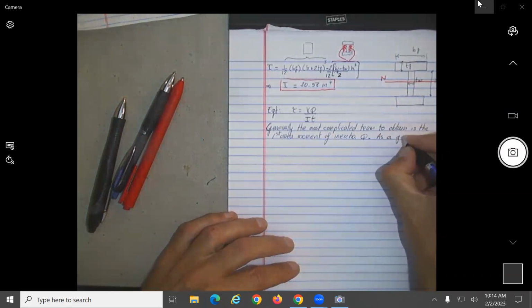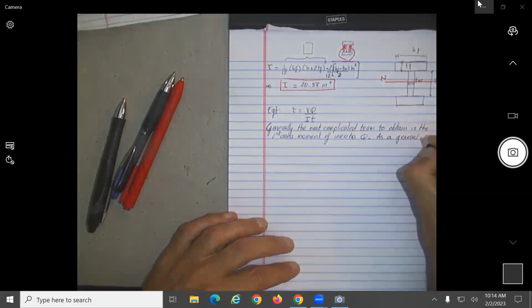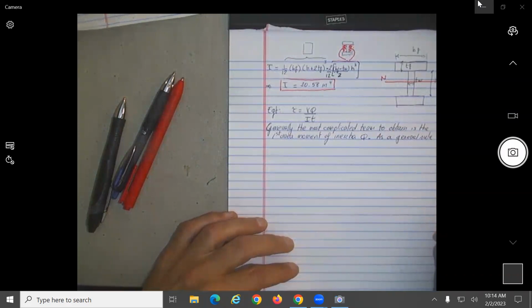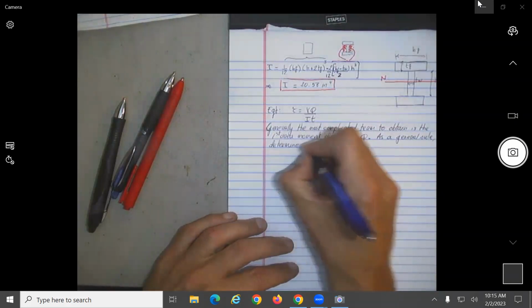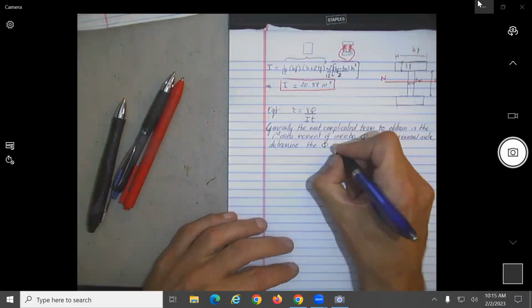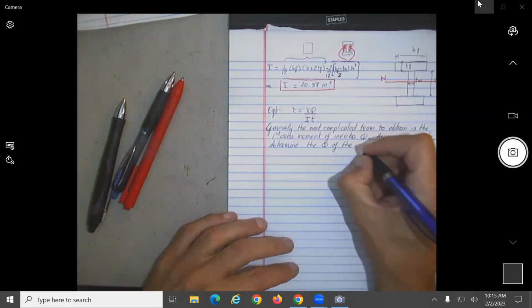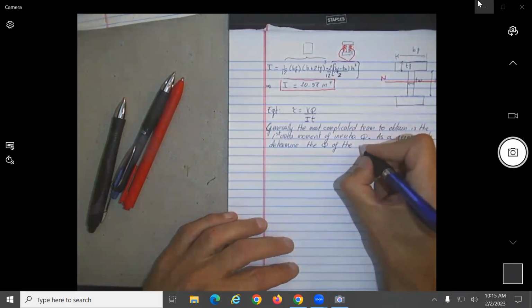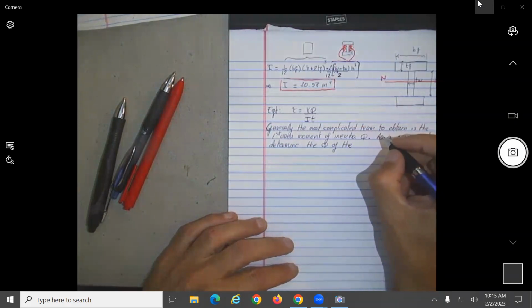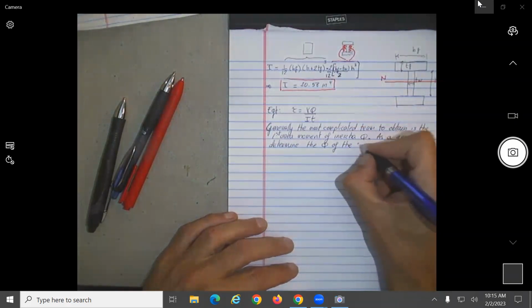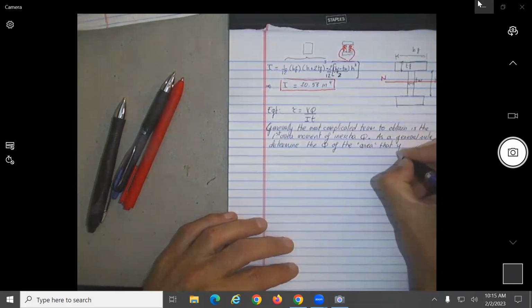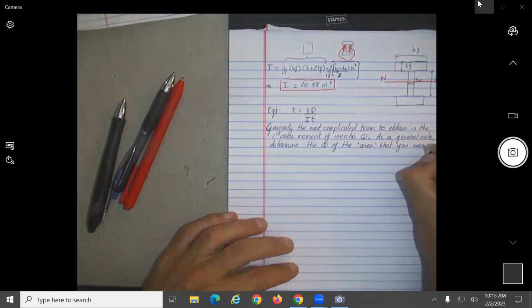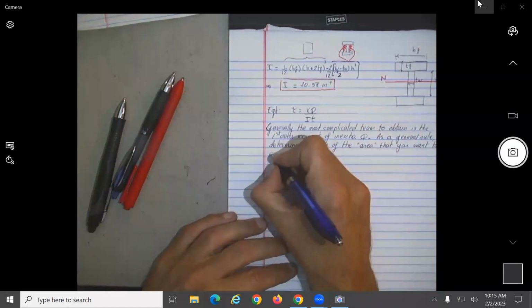In order to help you, as a general rule, which doesn't mean that it works all the time because it depends on design: determine the Q of the area that you want to attach.